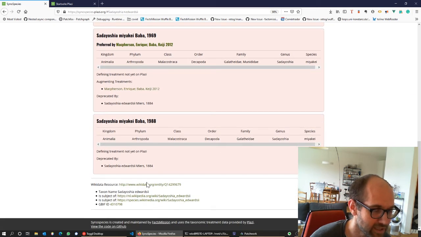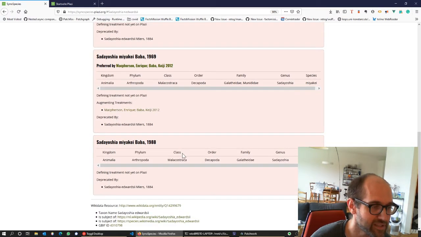We also get here a link to Wikidata, where we find public information about this species. From it, we see that the Dutch Wikipedia version has a page about it, and Wikispecies has a page about this species, but not any other language, it seems.